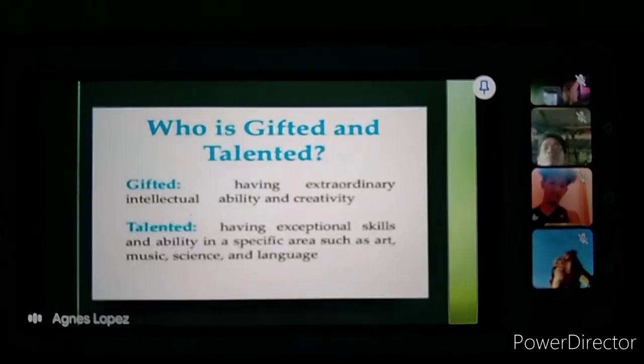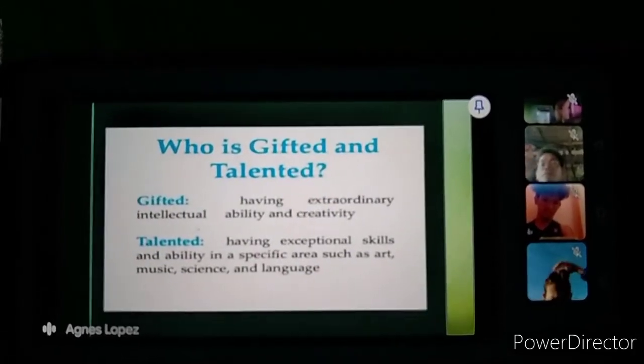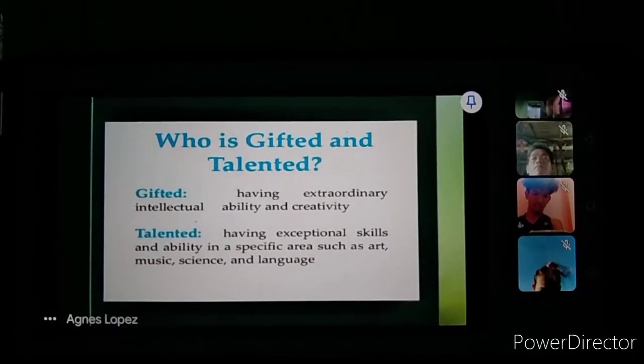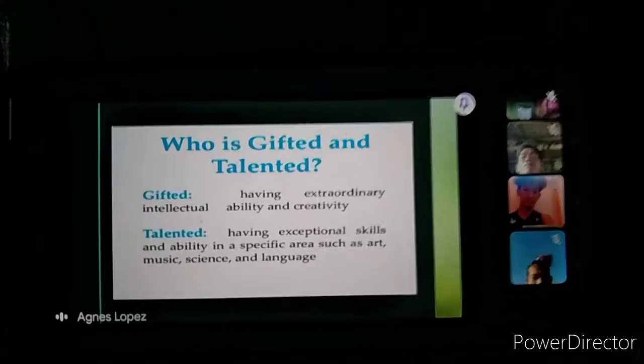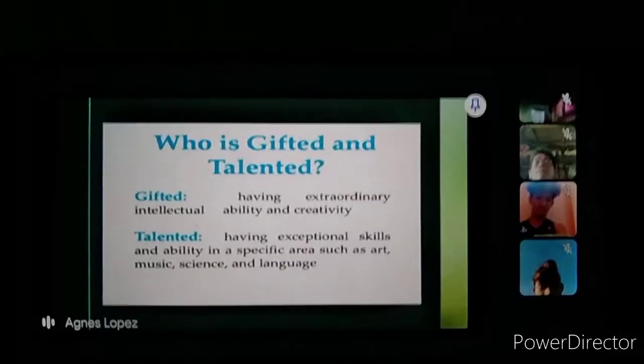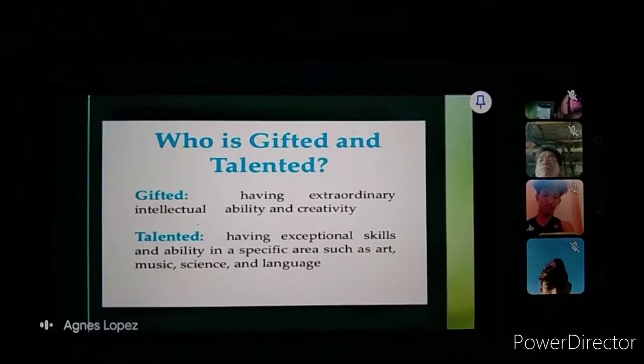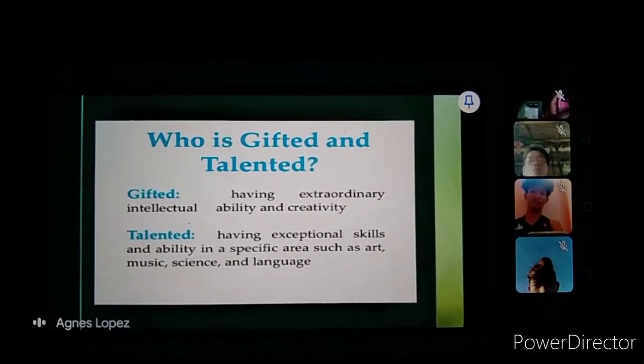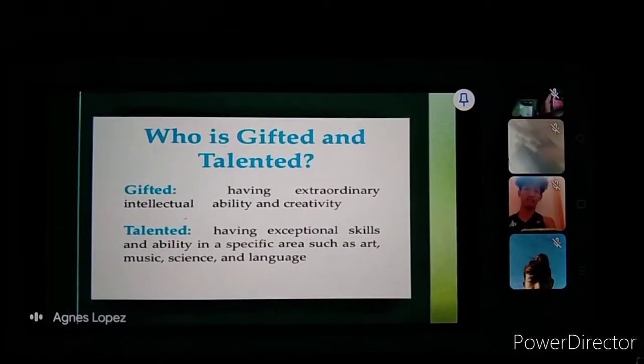Gifted means having an extraordinary intellectual ability and creativity. Talented means having exceptional skills and ability in a specific area such as art, music, science, and language.